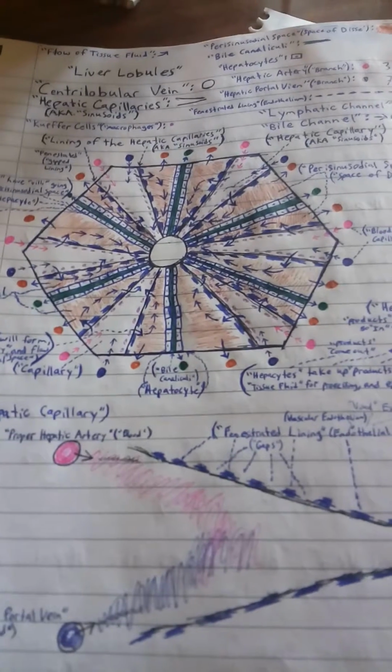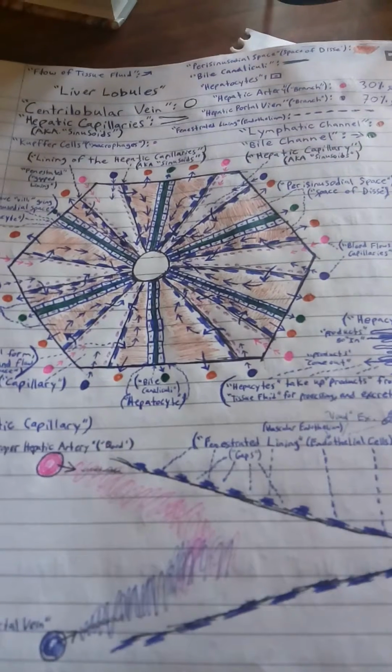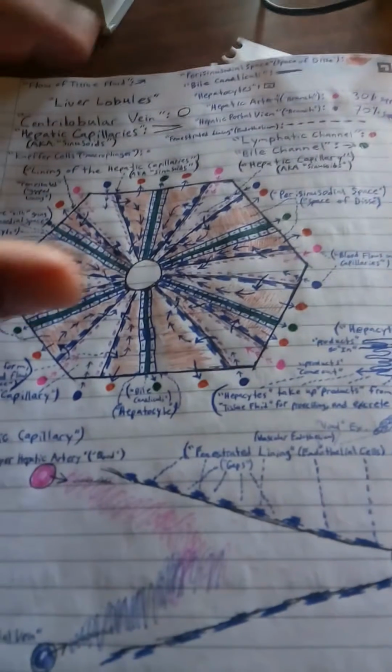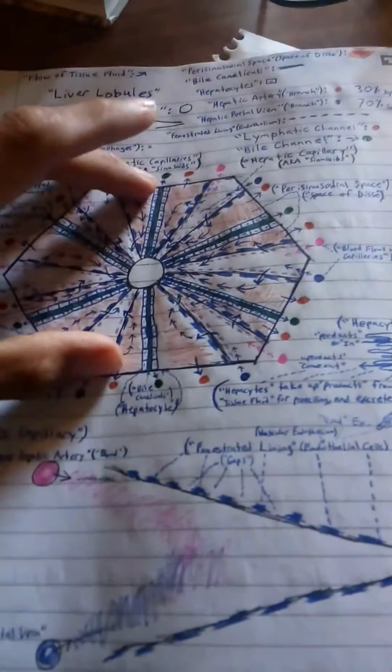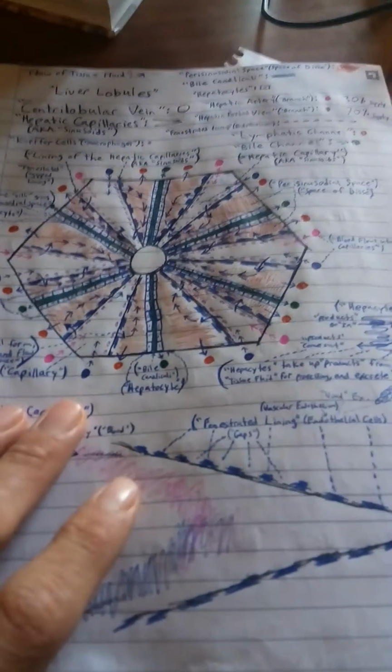They're called liver lobules. So the liver has a bunch of these liver lobules, and that's basically how our liver works. The liver lobule is like the main factory inside, and there's a bunch of them.